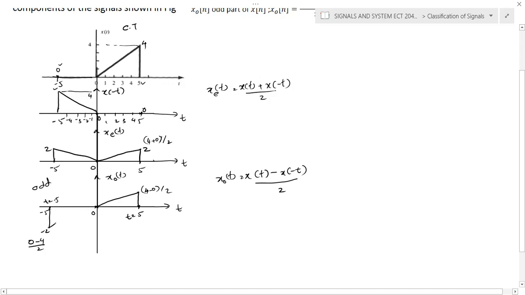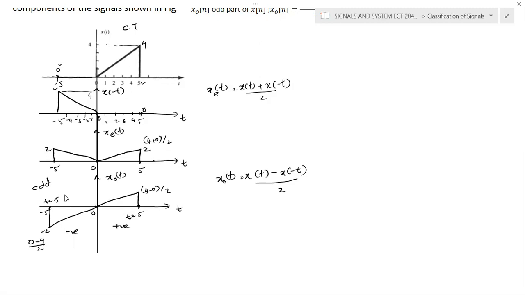And if you observe the waveform, it will be like this. Okay, at each point you can subtract and divide by 2. Or otherwise we can say that this is a positive side, but t is positive and here t is negative. You'll get exactly opposite values. This is a reflection, negative reflection. Okay. So this is the odd and even component of the continuous time signal.